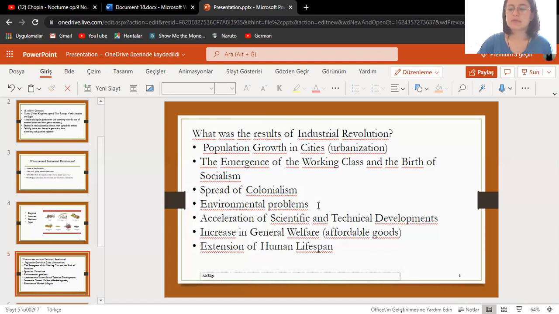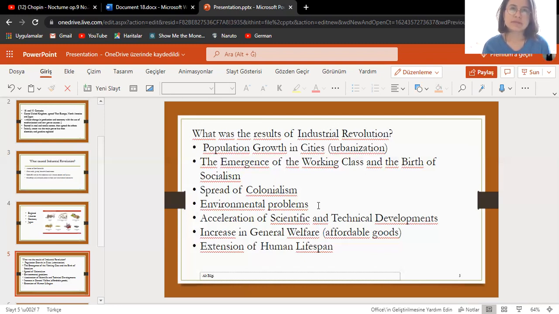Environmental problems because of the factories, and acceleration of scientific and technical developments. Yes, at that time there were lots of developments, and I forgot to say that at that time in Britain, a patent system that determined and protected inventions was founded, and that encouraged the inventors.